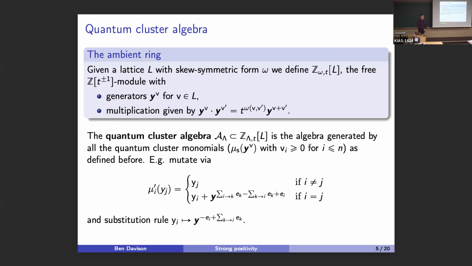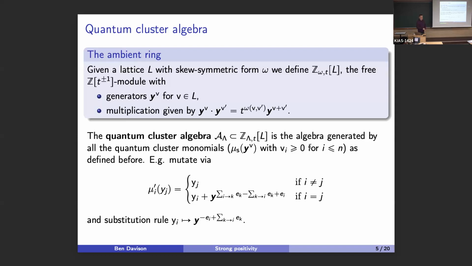This algebra should have more generators than the classical. Because previously, if yv, then you can break it down into just a product of yti's. But here, yv you cannot break down into those ei's in a canonical way.